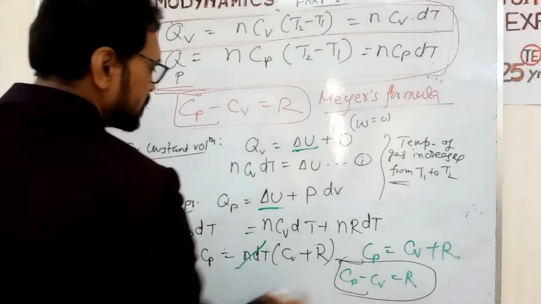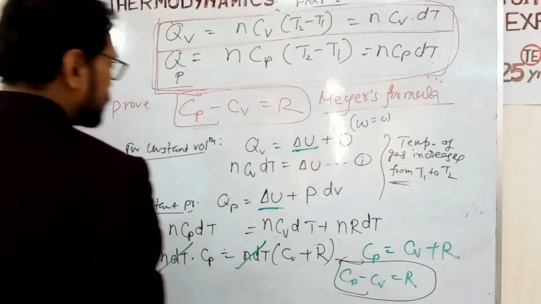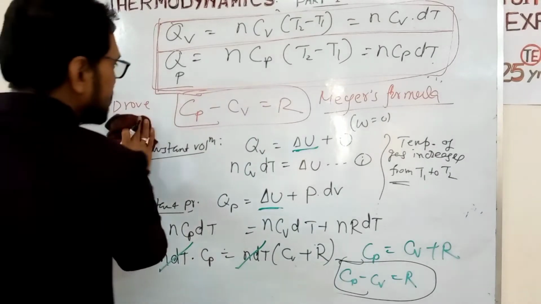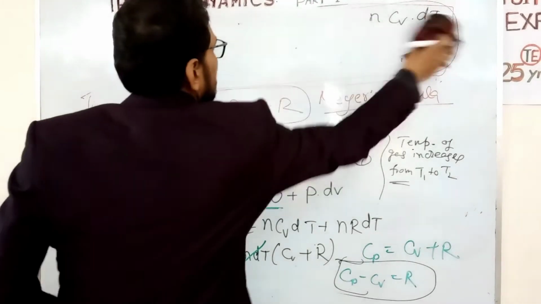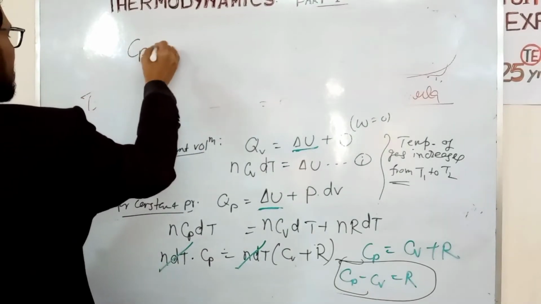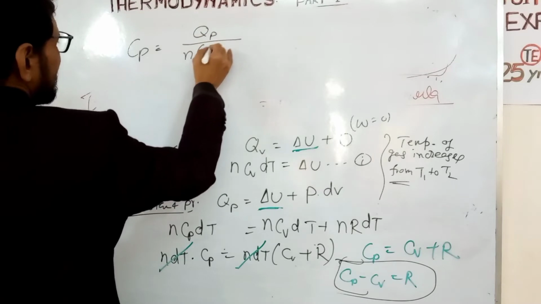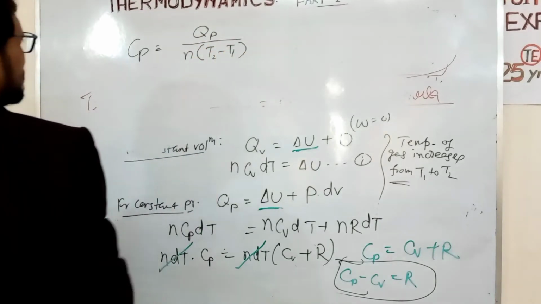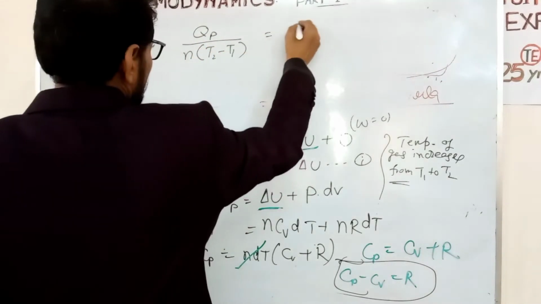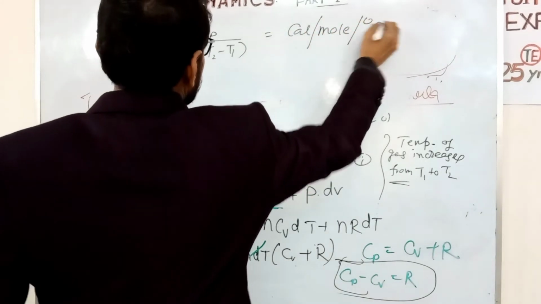Important here, Cp is molar specific heat. Molar means 1 mole. The specific heat for 1 mole unit I define as Cp equal to QP by n (T2 minus T1). So this is calorie per mole per degree centigrade.